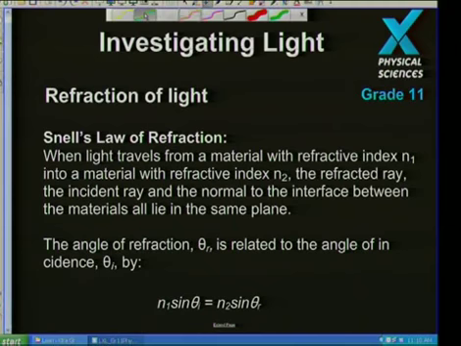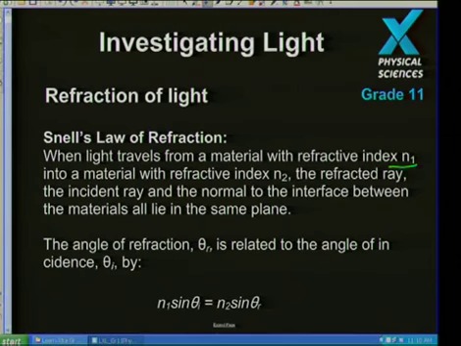The first part says when light travels from a material with a refractive index N1 into a material with a refractive index N2, so like air into glass, the refracted ray, the incident ray, and the normal to the interface between the materials all lie in the same plane. Okay, it's quite a mouthful, but the meaning is clear.